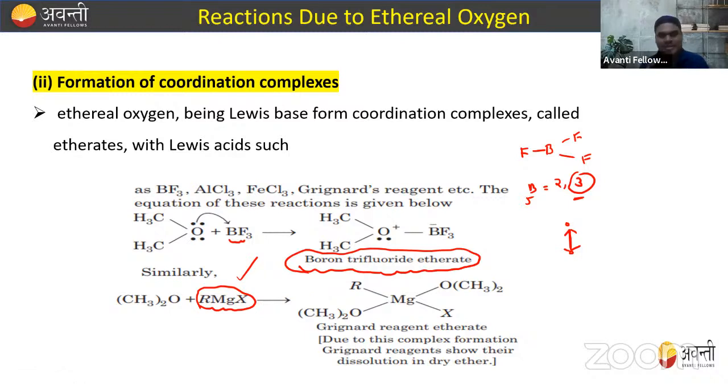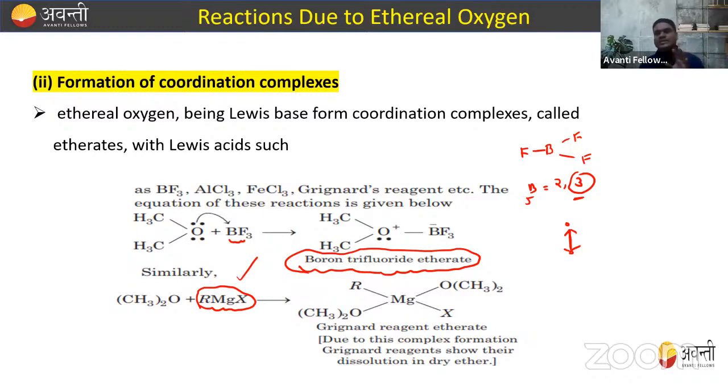What is etherate basically? Always remember this. Whenever a salt is formed from ether, it is always named as etherate. Here we have BF3, which is named boron trifluoride, and etherate means we have an ether here.